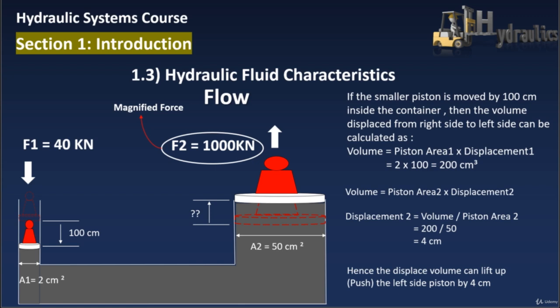It will move up 4 centimeters. So, although we have a force magnification of 250, we have a movement reduction of the same factor. Because work is the product of force and the distance moved, the force is magnified and the distance moved reduced by the same factor, giving conservation of energy.